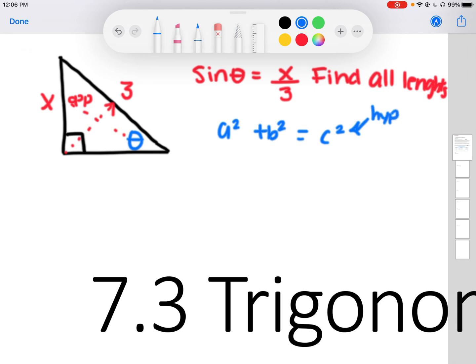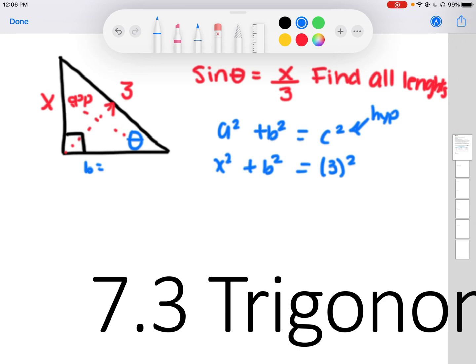So we know our hypotenuse is 3, so we have 3 squared is equal to x squared plus b squared, our unknown squared. So we need to solve for b to find this other unknown side. It doesn't matter which one you label a or b, but c is important. c must be your longest side, which is your hypotenuse, the side that's across from 90 degrees.